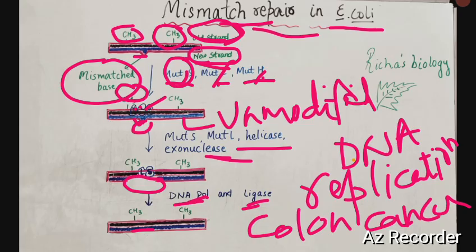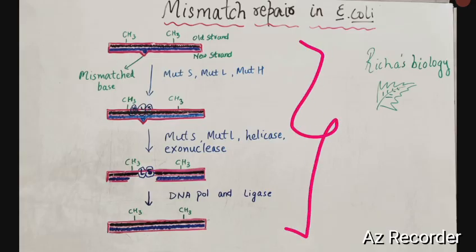These two things you have to remember: the names of the enzymes, and that in the new strand there is no methylation, so the mismatch base will be removed by these enzymes. That is how the whole mismatch repair in E. coli works. I hope everyone understands this topic of mismatch repair. In the next topic, I will teach you about mismatch repair in eukaryotic organisms like yeast and humans, right? So that's it.